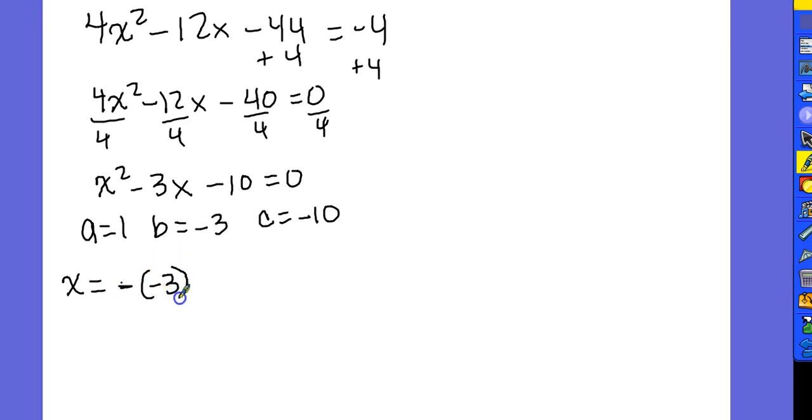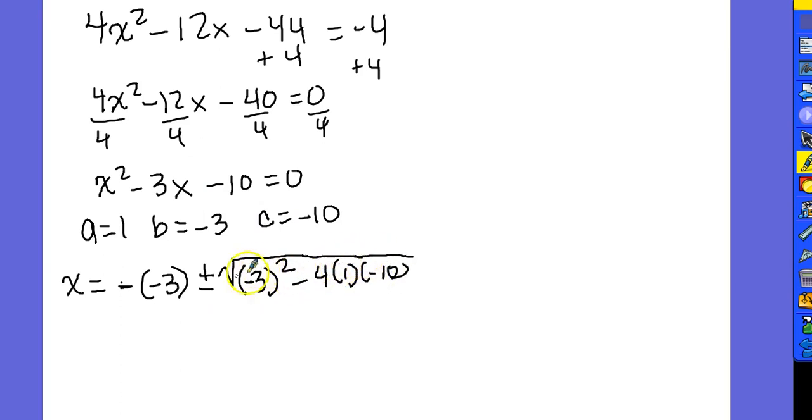Notice I'm using parentheses in my substitution so I don't make silly errors. Plus or minus the square root of negative 3 squared. Is it important for me to put parentheses on that negative 3? You betcha. If I put minus an opposite of 3 squared, I'm going to get a negative 9 right there. Can't do that. Minus 4 times 1 times negative 10.